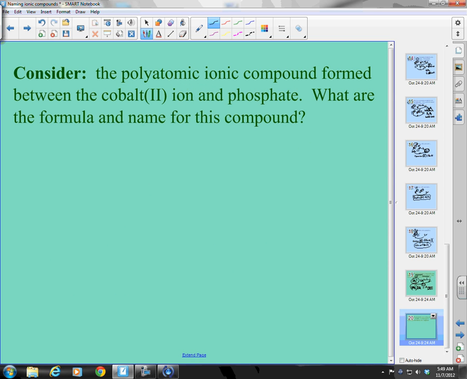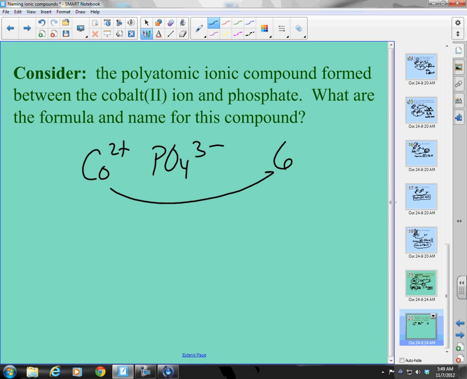You guys give this one a try, and then we're done. All right. Cobalt 2 and phosphate, PO4 3 minus. What's my least common multiple? Looks like 6. How many cobalts do I need to get to 6? How about 3? How many phosphates do I need to reach 6? 2.